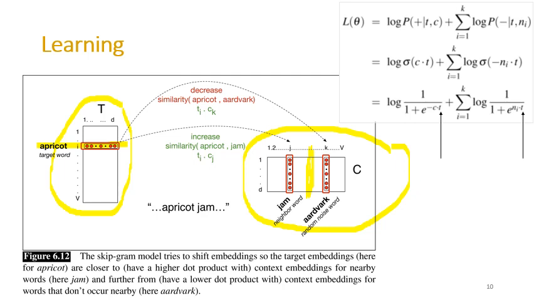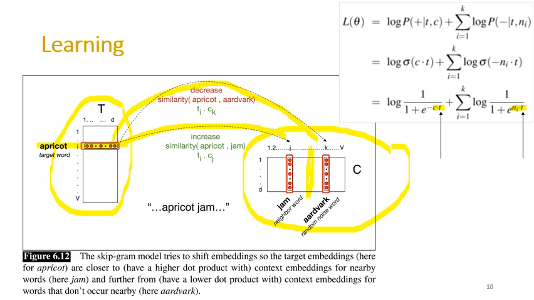So here, based on these two sets of vectors, each time you will compute the similarity between C and T for the correct pair of context and target words, and then N and T for the pairs that are actually not context and target words.